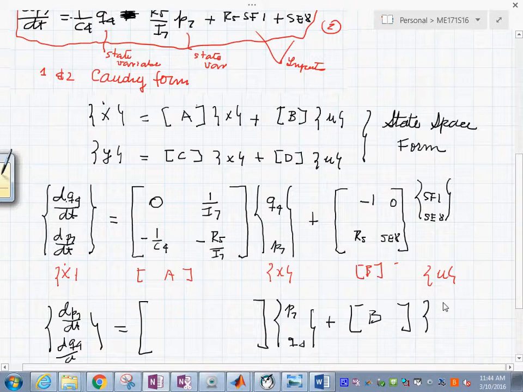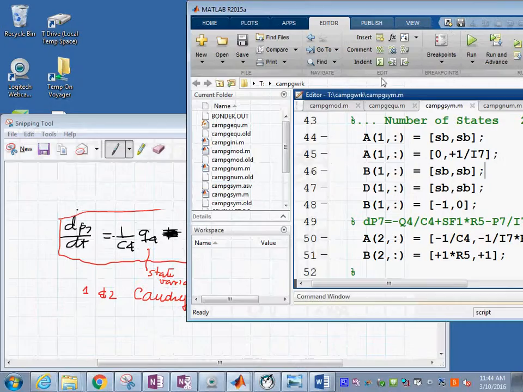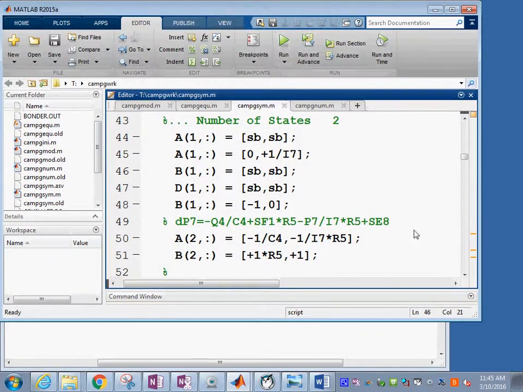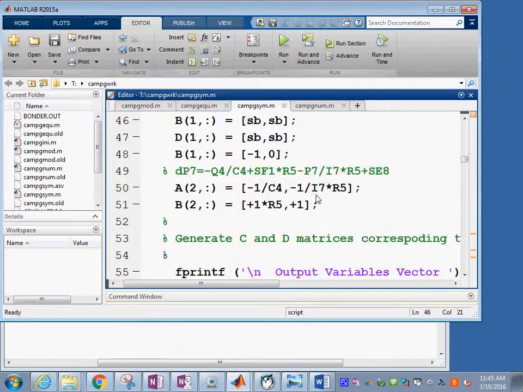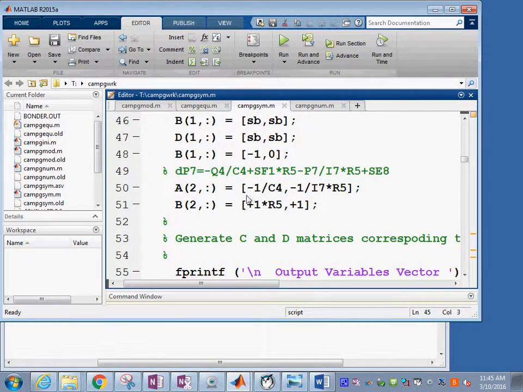This matrix that you see in there has to be the same as the one I have. So is the B matrix. The C and the D we did not specify, because we didn't specify any outputs. But let's take a look at the A and the B matrix at this point. So we'll go back to the notes in here.